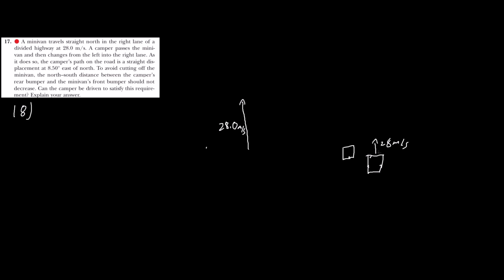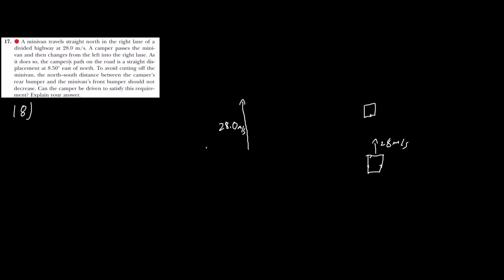I think it could do it if it's passing this lane, that this camper travels up north faster than 28 meters per second long enough for it to bypass the minivan. So the north-south distance between the camper's rear bumper, which is right here, and the minivan's front bumper should not decrease.